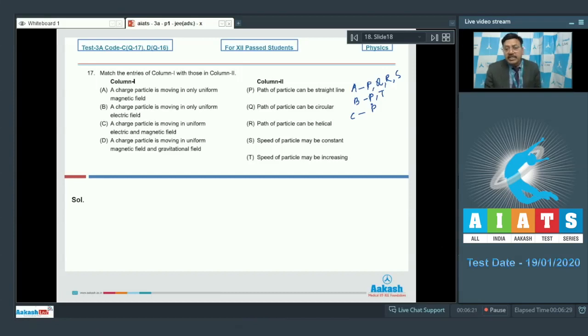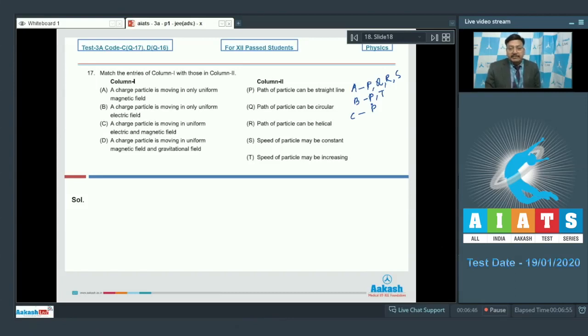Let's see Q now. Q says path of particle can be circular. When there is both magnetic field and electric field, then path of particle cannot be circular. So Q does not match. Path of particle can be helical. This is the case when electric and magnetic field both are parallel.